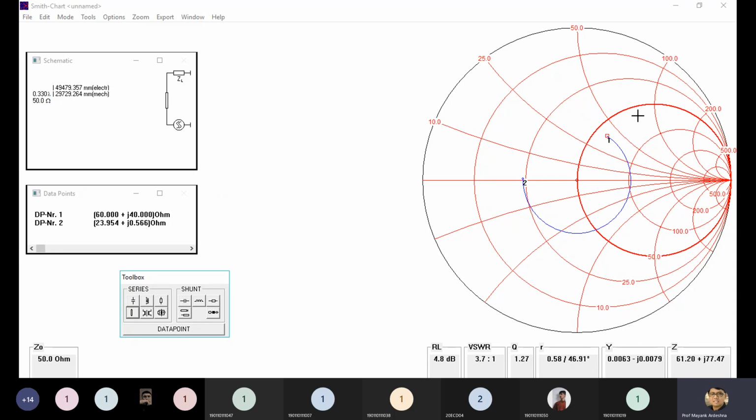Now, how exactly can we find the reflection coefficient over here? For that, initially you have to put the point over here. Let me just locate the point over here, which is the starting point, it's 1.